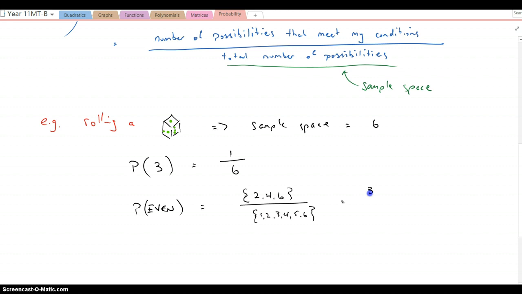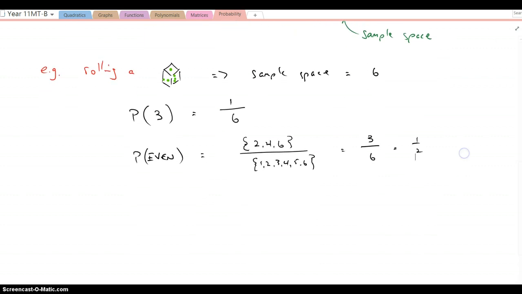So I've got 3 possibilities on top, and I've got 6 underneath. So the probability it's even is a half. You knew that. But what we're doing here is we're setting it out in the language of probability, so that we can take this stuff forward and we can understand each other when we start talking about these things. Okay, so that's a fairly straightforward example.